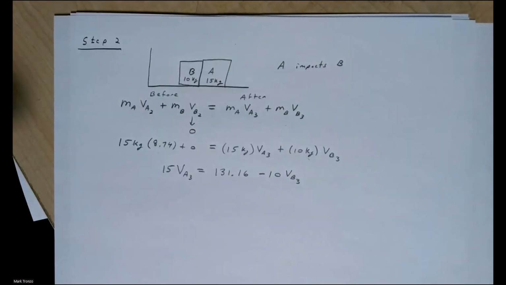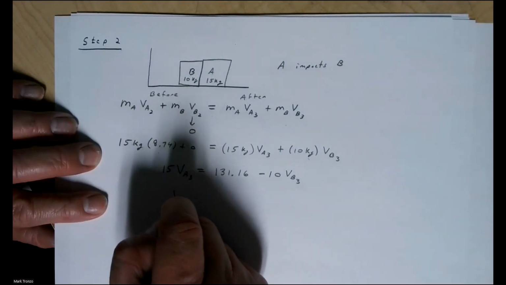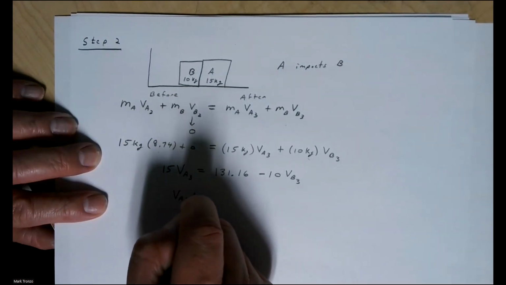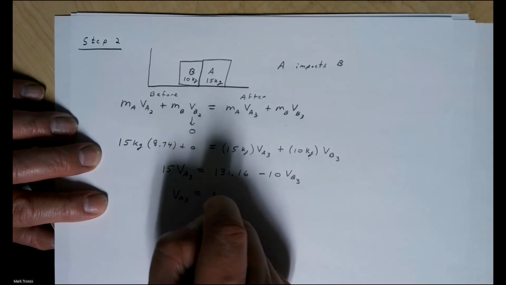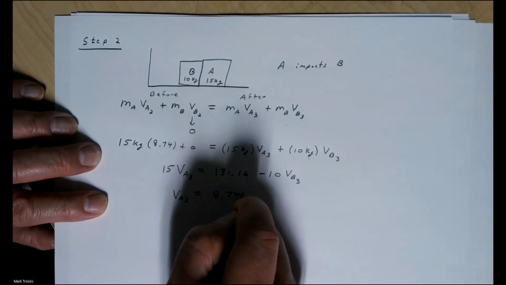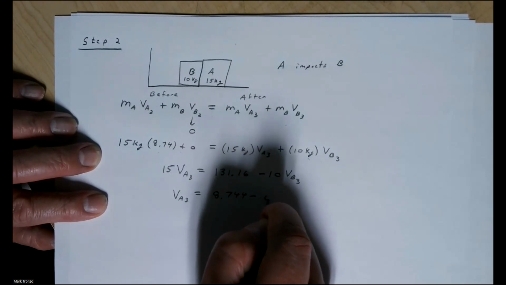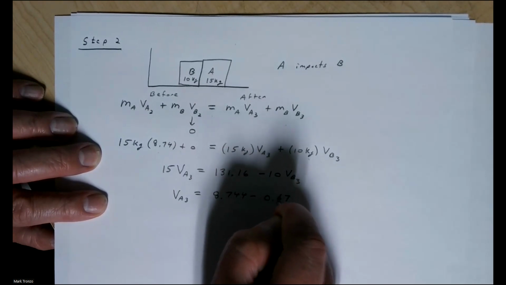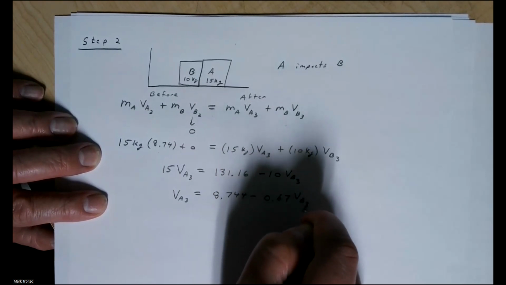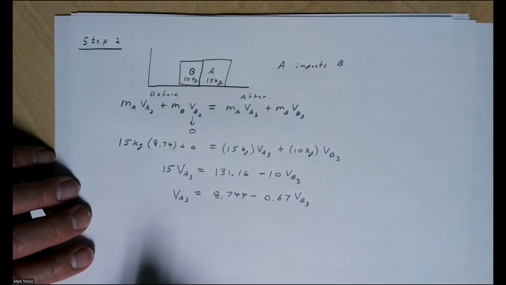And if we divide through by 15, we get VA3 is equal to 8.74 minus 0.67 VB3. So we have one equation, but two unknowns.